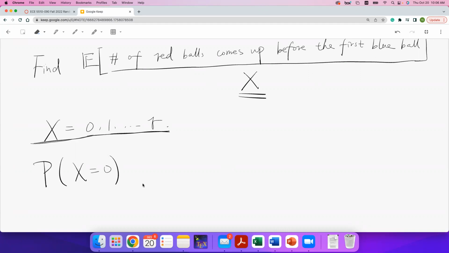Can somebody tell me what is the probability of X equals 0? X equal to 0 means that we select 0 red balls before the first blue ball.